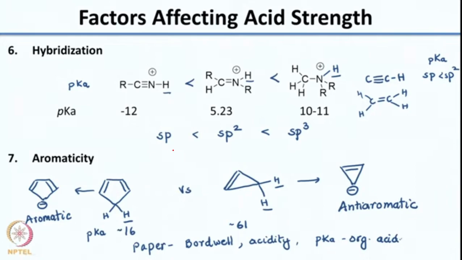So if we are talking about sp hybridization, here 50-50% s and p orbitals are there, right? The s character is 50%. While talking about this one, here p is double and s is one, so in sp2 hybridization there is 33% s character, right?